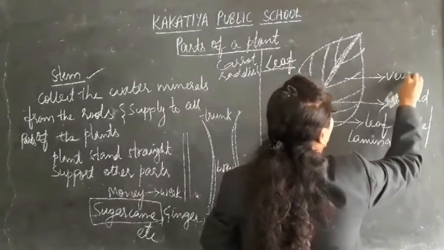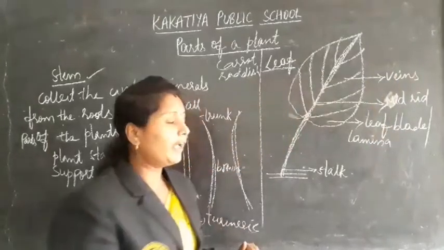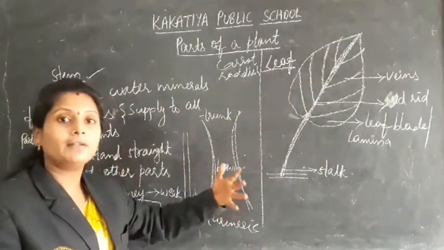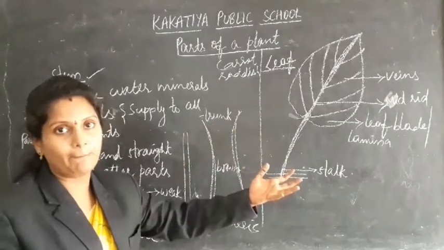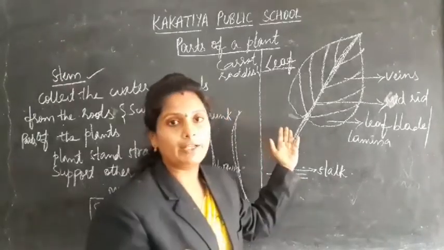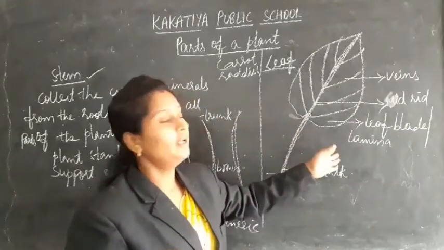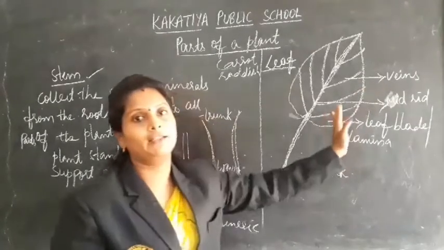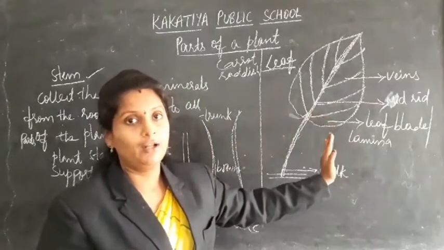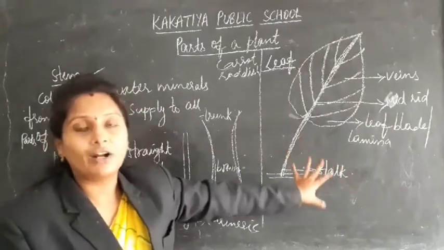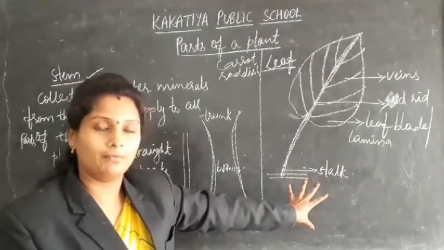Here the stem supplies the food to all parts of a plant. The leaf takes water and minerals from the stem. The veins carry that to the leaf. So one important function will be performed by the leaf.